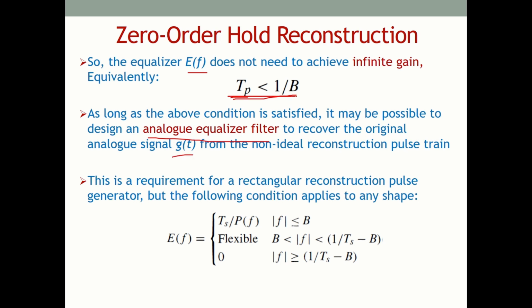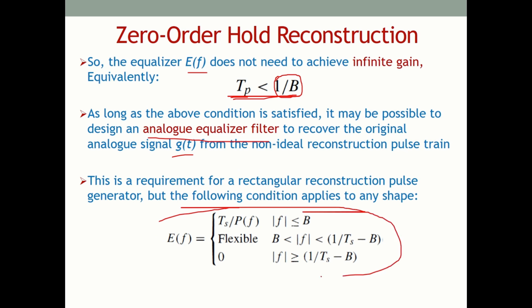So this is the only condition, which means that 1 over B gives us the time width of the signal, and the pulse width should be smaller than that, right? So as you can imagine, if you want to perform sampling, this pulse width definitely needs to be smaller than that. And so this is how we can reconstruct our signal.